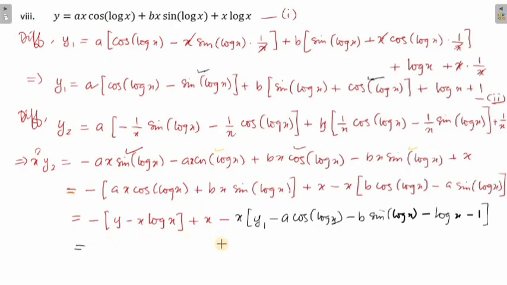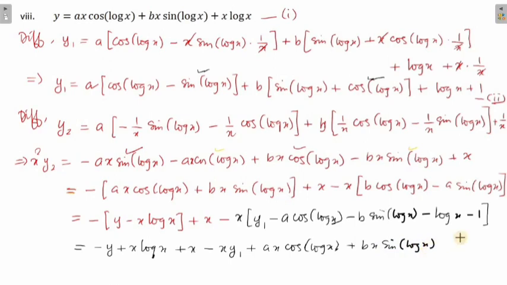Now, first and foremost, let's open the bracket. So minus y, and minus into minus is plus x log x, plus x. Now open the bracket: minus x y1, minus into minus plus ax cos log x, minus into minus is plus again, so bx sine log x, and we have minus x into minus into minus is plus, so x log x.